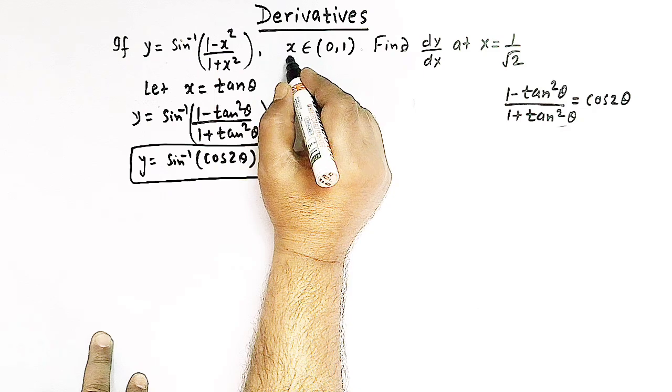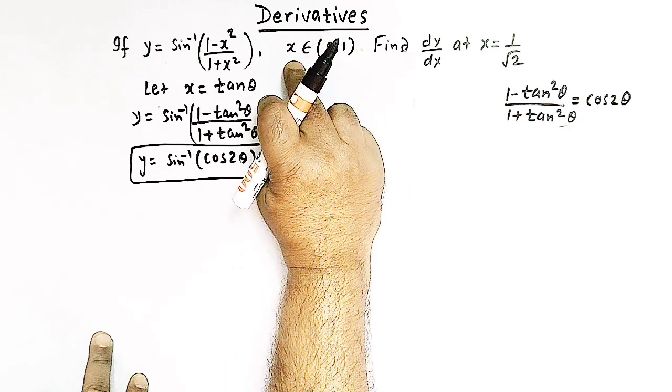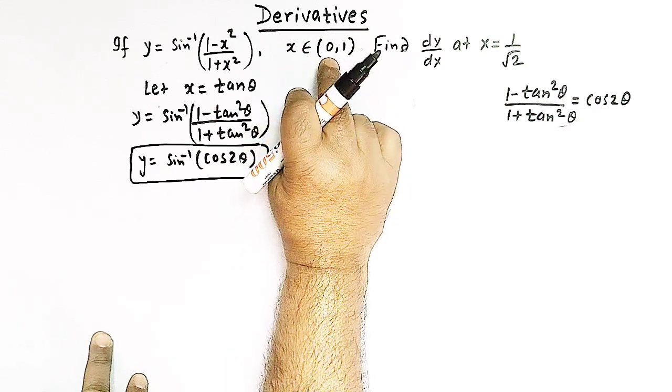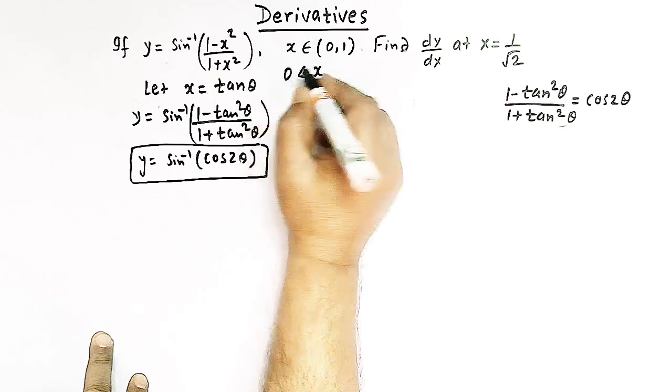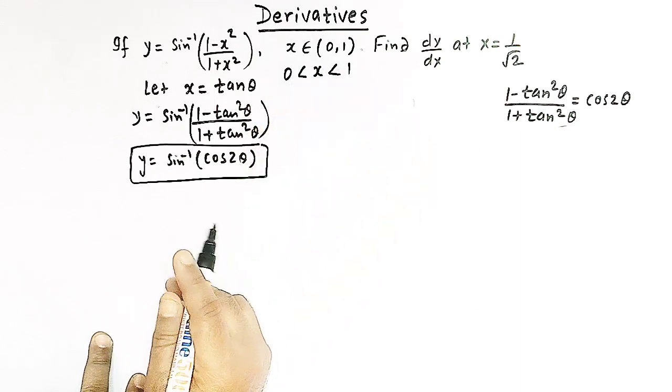And here we are given the condition that x belongs to the interval (0, 1), that is x is greater than 0 but less than 1.